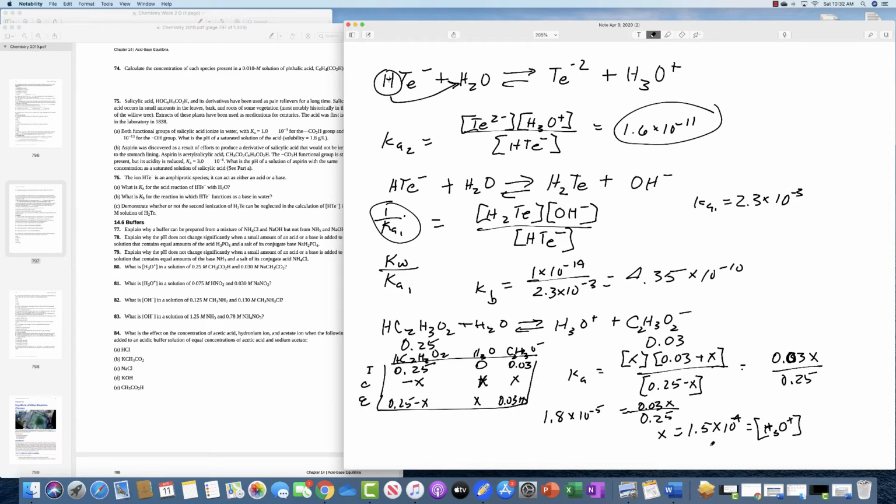And you can see that subtracting this from this number or adding it to this number will have no effect on either of those numbers. So your assumption is accurate.